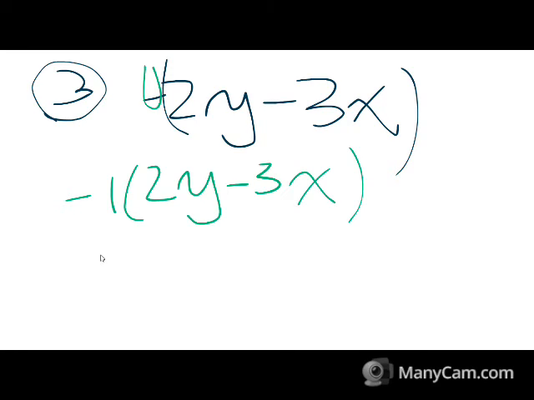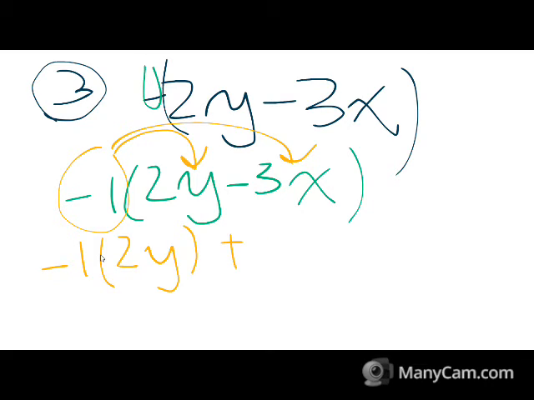So now we can use the distributive property. Negative 1 times 2y plus negative 1 times negative 3x. So remember, this is a negative times a positive.